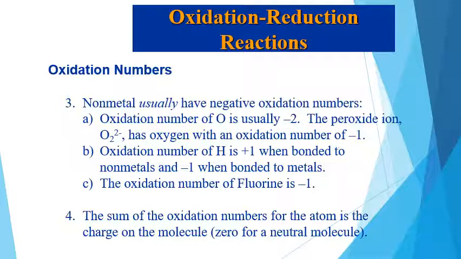The oxidation number of hydrogen is +1 when bonded to nonmetals and -1 when bonded to metals. And take note, the oxidation number of fluorine is -1. The sum of the oxidation numbers for the atoms is the charge on the molecule. And when the molecule is neutral, the charge is 0.